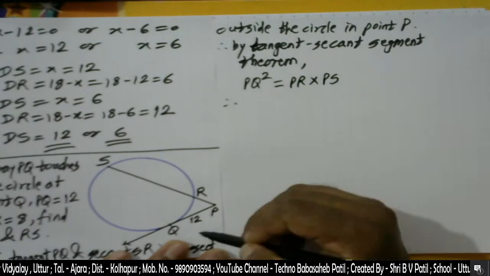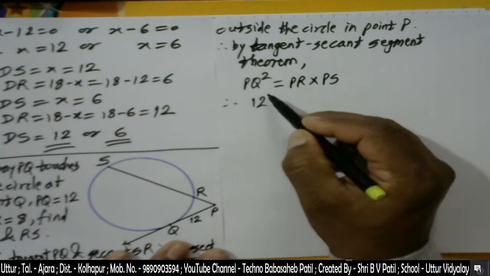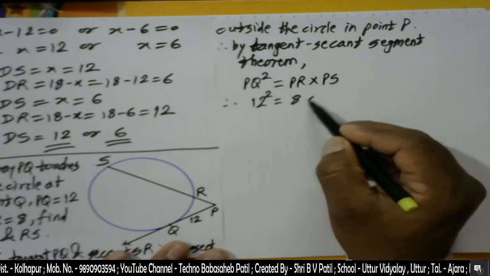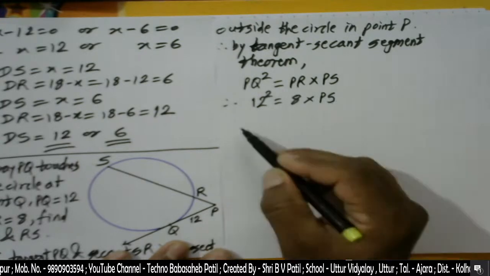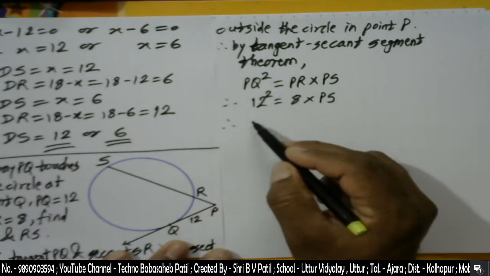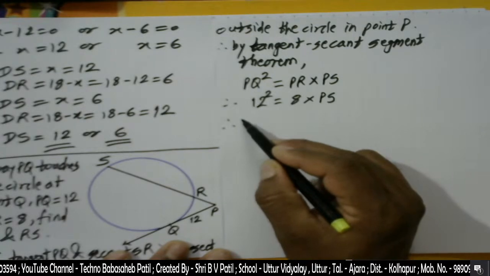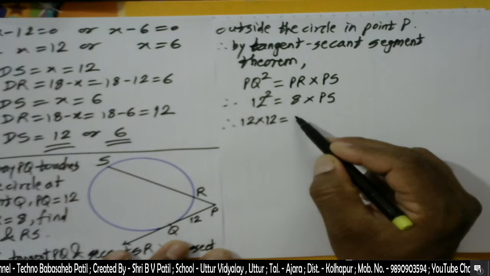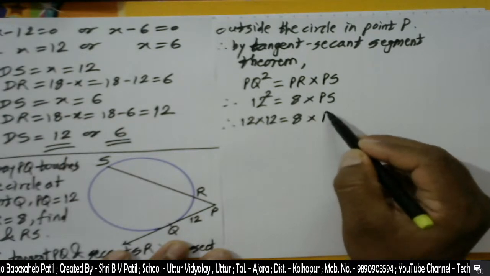The value of PQ is 12, given. 12 square is equal to the value of PR, 8, into PS. 12 square, that is 12 into 12, is equal to 8 into PS.